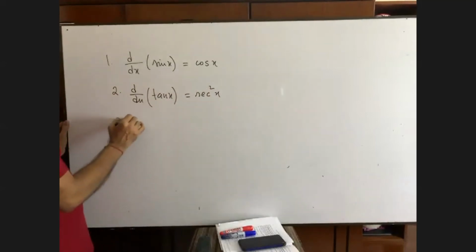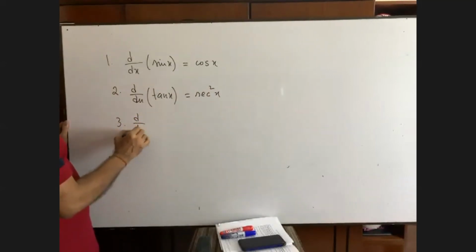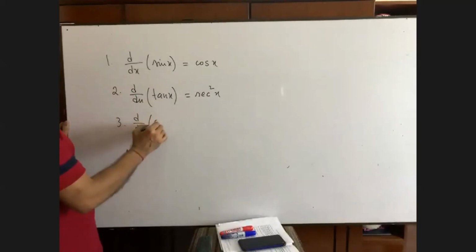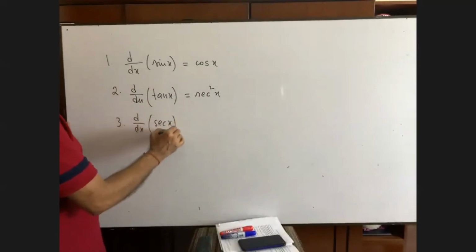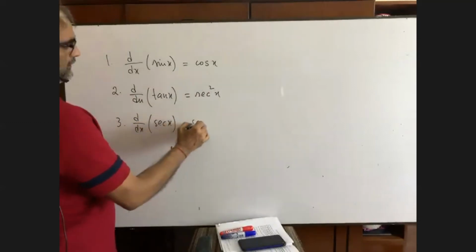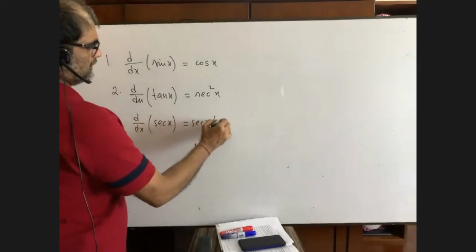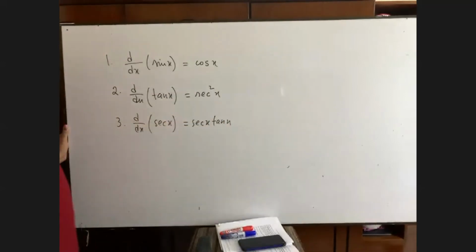Then d by dx of sec x equals what? Tan x into sec x. Same thing, sec x tan x, not a matter. Okay.